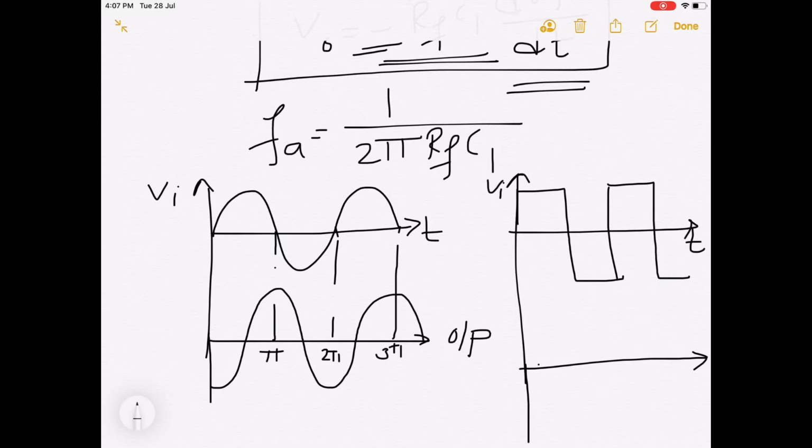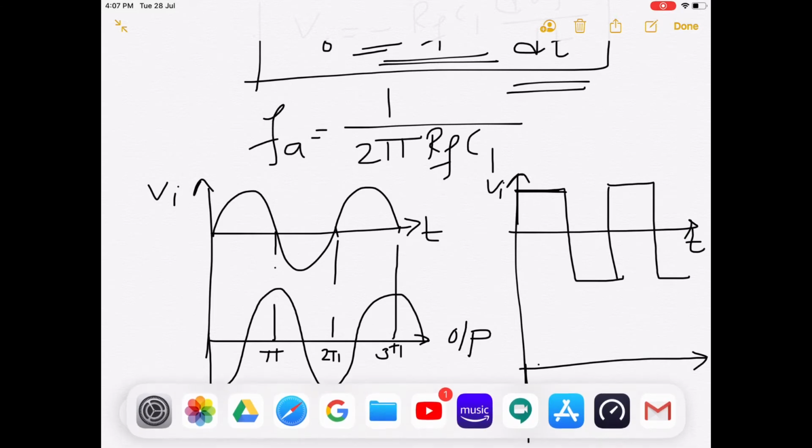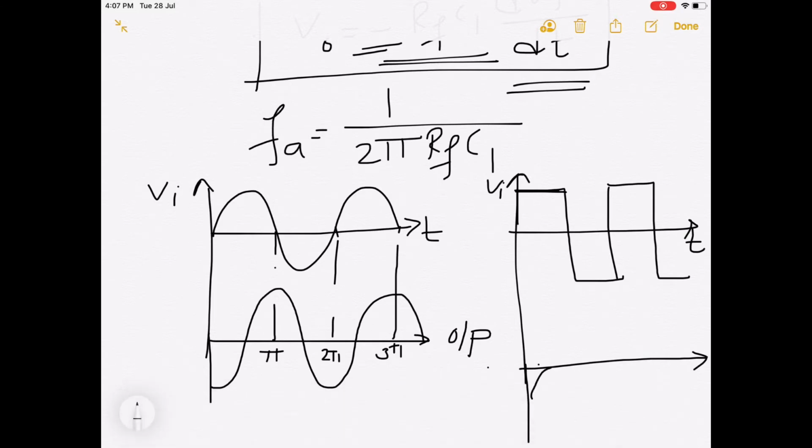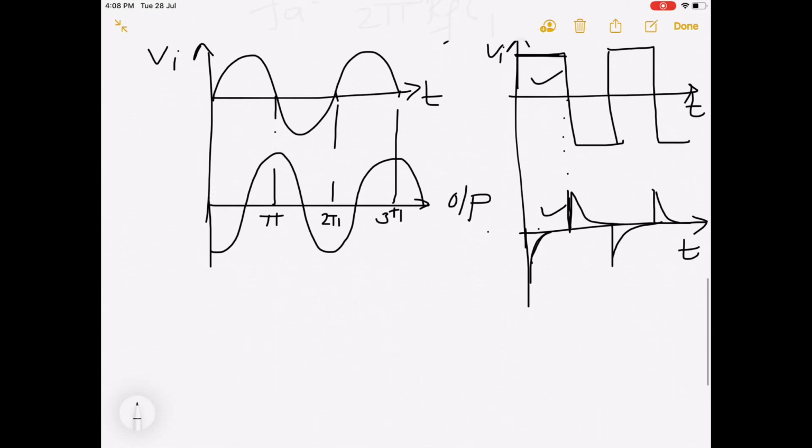For positive input you will get negative spikes, and again for negative input you will get positive spikes, because the input is at the inverting terminal of the op amp. That is why for positive input there is a negative spike. This is about the basic or ideal differentiator.